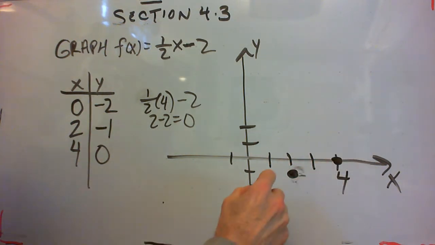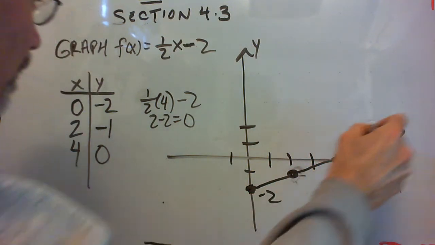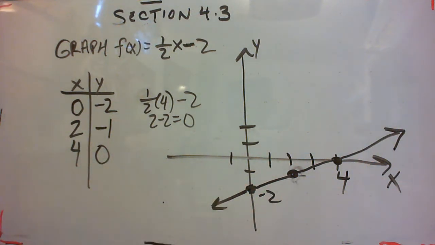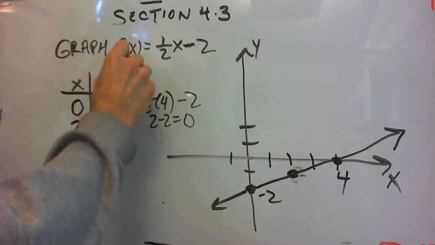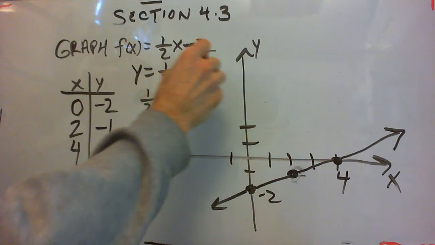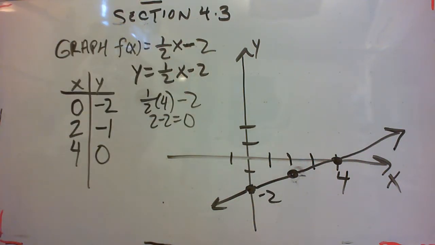They all line up, which they should, because it's a line. And we get this graph. And I forgot to mention, we can always replace that f of x with y. So we're actually graphing y equal 1/2 x minus 2.